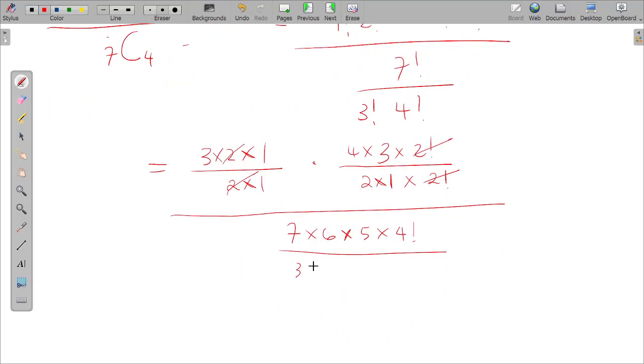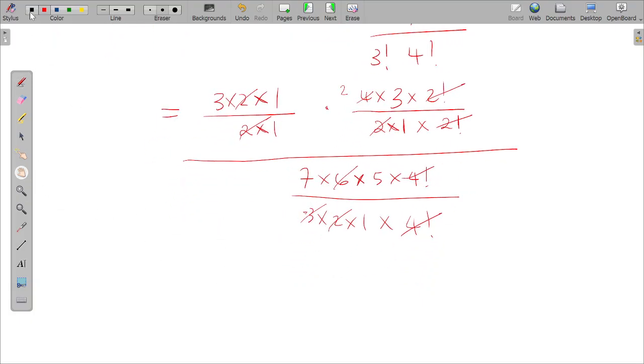So the 4 factorials cancel, and the 2 factorials cancel. We are left with 3 multiplied by 2 times 3 on top, over 7 times 5 at the bottom.